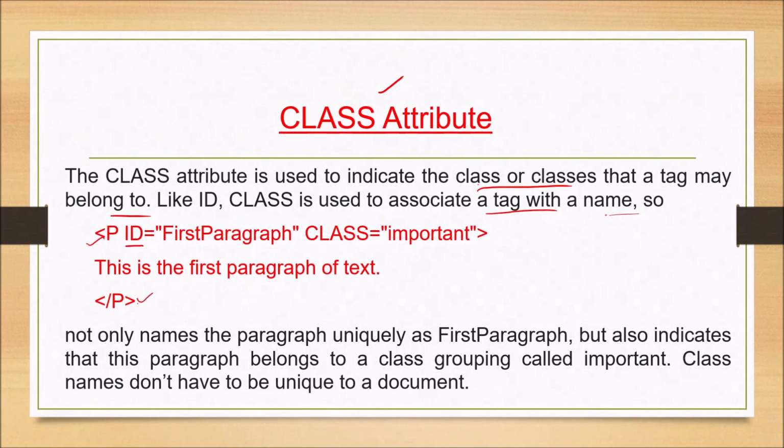For the paragraph tag, we are specifying ID, the unique name for this particular paragraph, first paragraph, and class equals important. The same class can be assigned to a number of elements, but the same ID cannot be assigned to a number of elements, because different elements must have unique IDs, unique names. Fine.